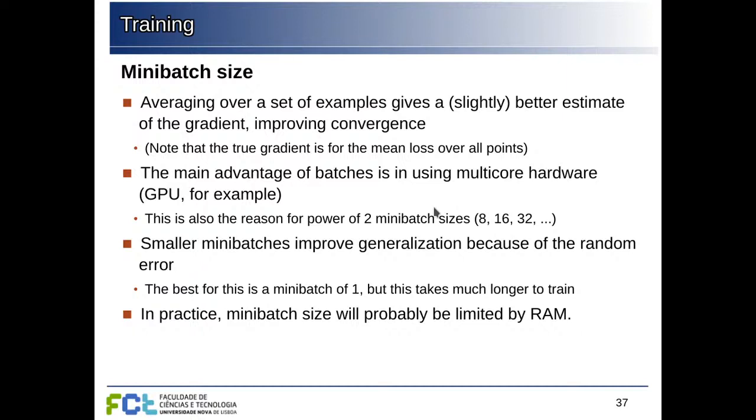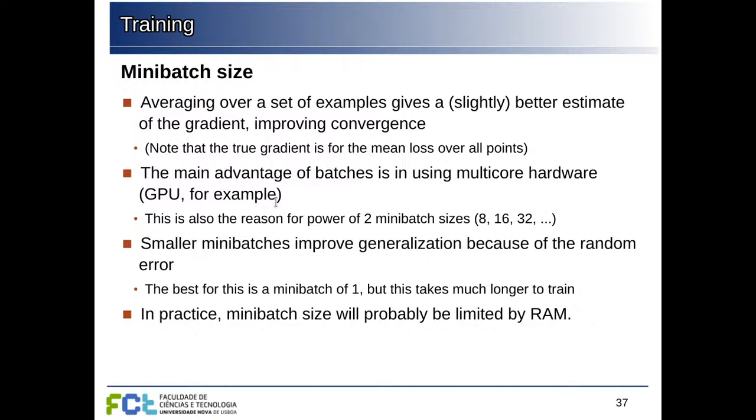but also in computation speed, because the main advantage in practice of using these batches is that if we have lots of examples being inserted into the network in one step, the matrix multiplications can be easily parallelized, and so all of these computations can be done in parallel, for example in the GPU, and this can make training a lot faster.